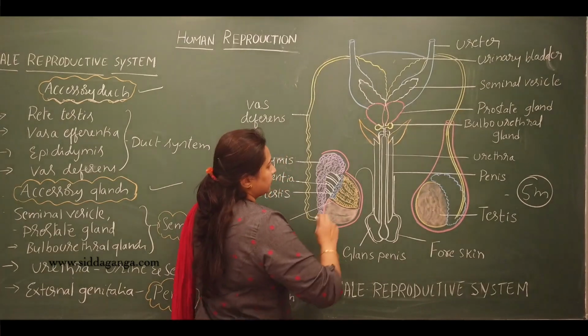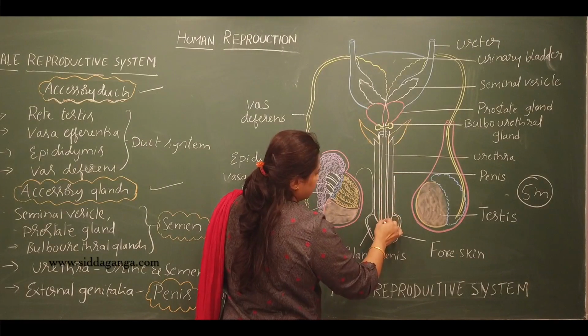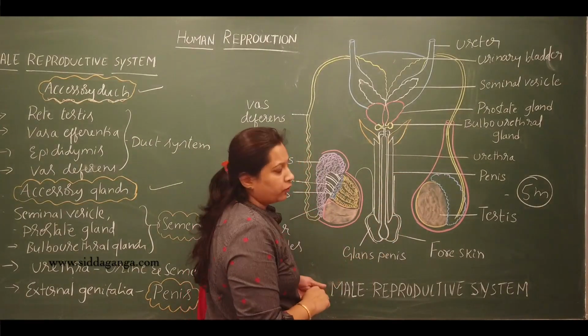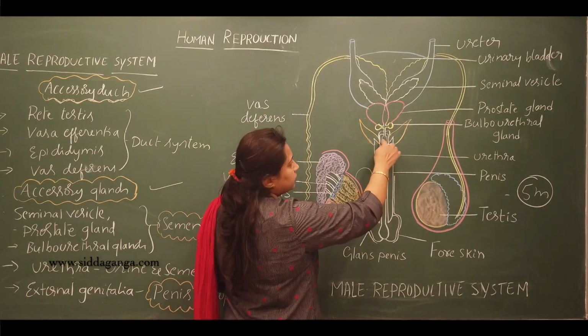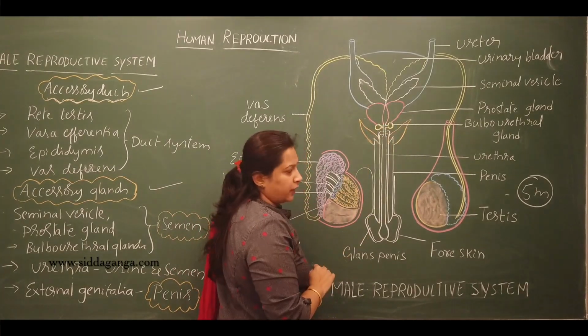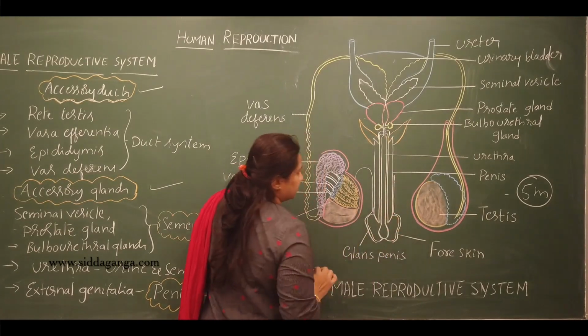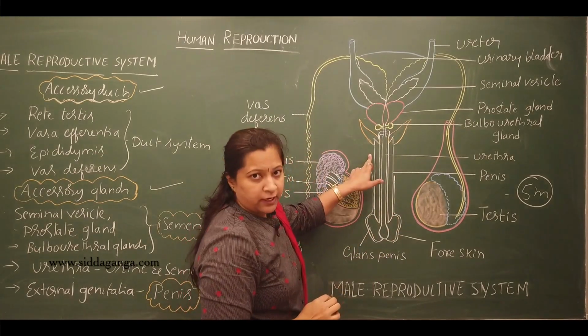As I said, the urethra is a common passage for both semen and urine. The urethra receives the ducts from the prostate gland as well as the bulbourethral glands. From this onwards, it carries urine as well as semen, so it is the urinogenital tract.